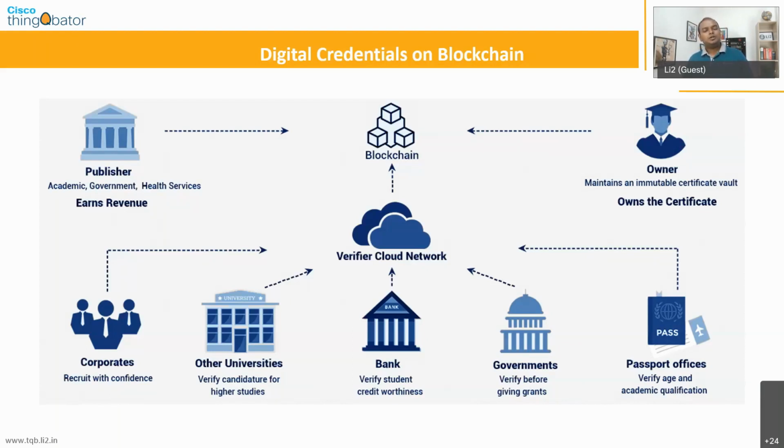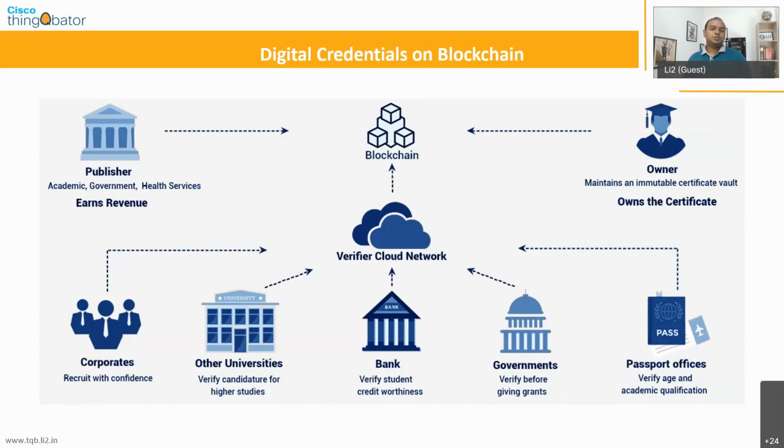But the moment you put a credential on a blockchain, what will happen is, you can take all the data. Suppose student X has completed the blockchain workshop on so and so date. Take that whole data, convert that into a hash string, and store that hash string on a blockchain, right?